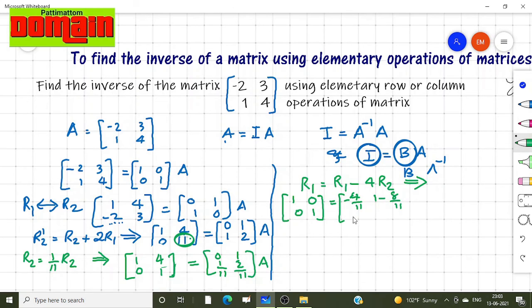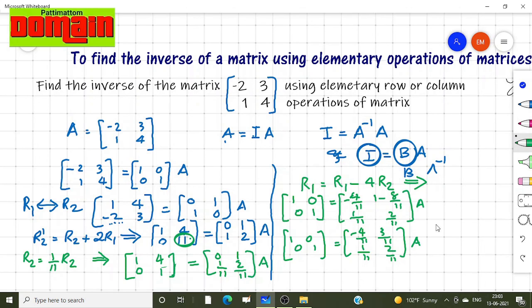Here this is 1 by 11, this is 2 by 11, into A. Now this is again [1, 0; 0, 1], equal to minus 4 by 11. What is 1 minus 8 by 11? This is 3 by 11. This is 1 by 11, this is 2 by 11, into A.